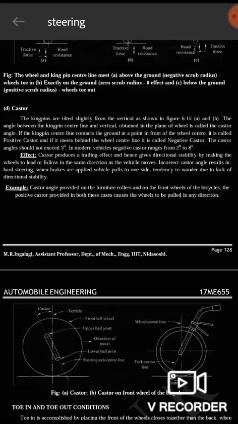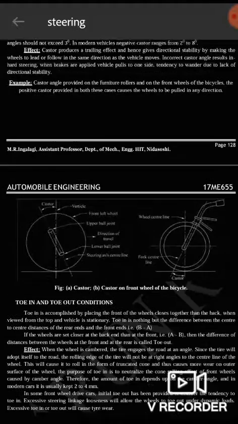Example: caster angle is provided on furniture rollers and on the front wheels of bicycles. The positive caster in both these cases causes the wheels to be pulled in any direction.